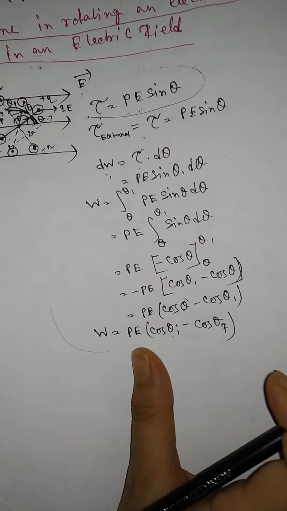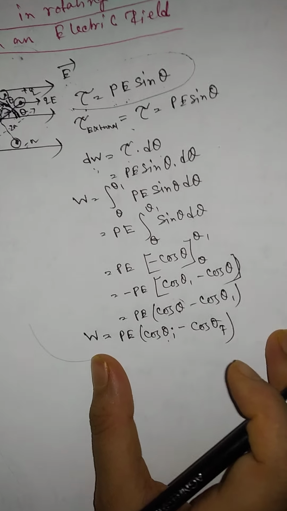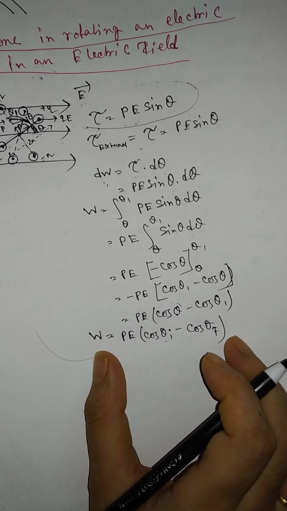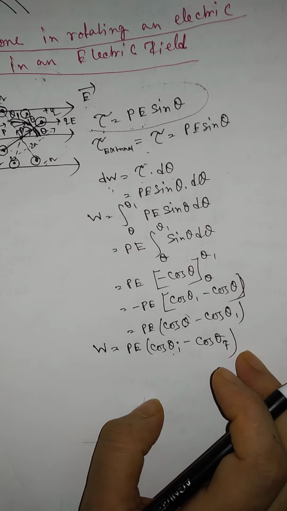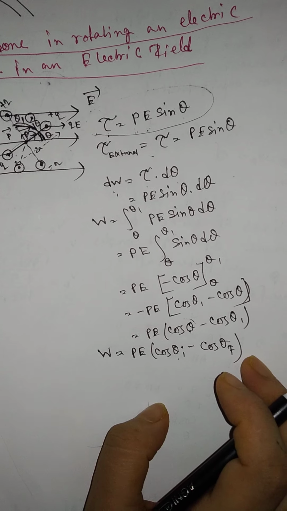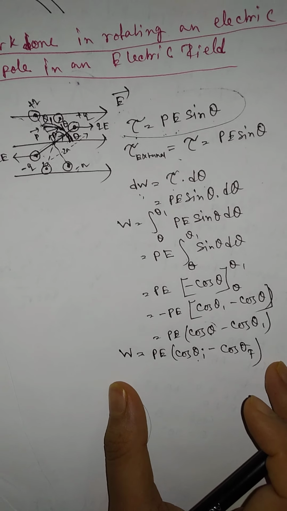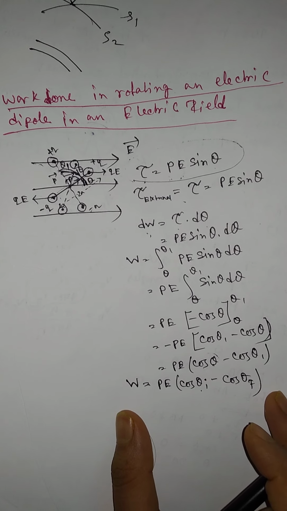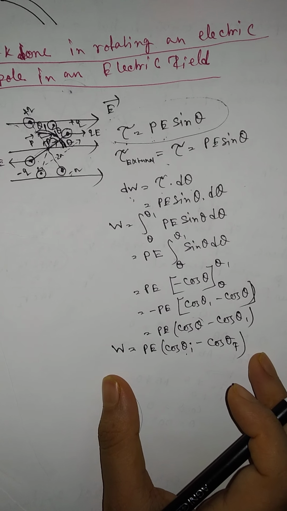So this amount of work is stored as potential energy in this dipole. So this is the work done in rotating a dipole in an external electric field.